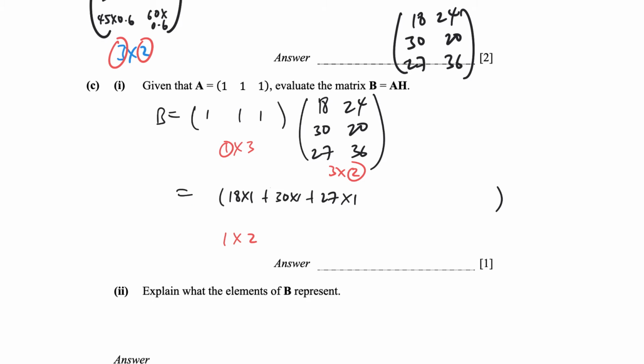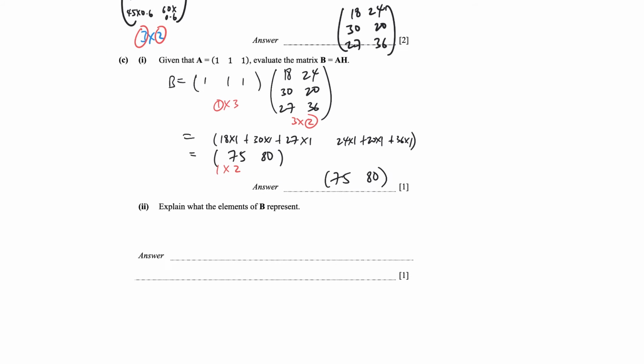So it's all 1 actually. It's 24 times 1 plus 20 times 1 plus 36 times 1. Okay, and then we simplify that. And we should get 75 and 80. A 1 by 2 matrix.